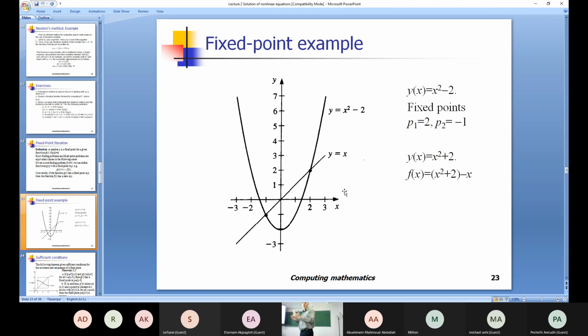How to draw x squared plus 2? We should move this graph up. And when you move it up, you will see that there will be no points of intersection between this graph and this line.